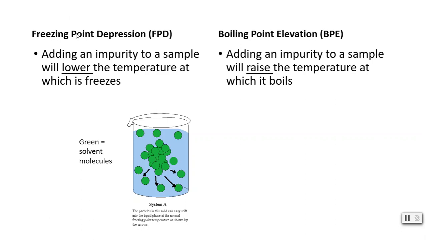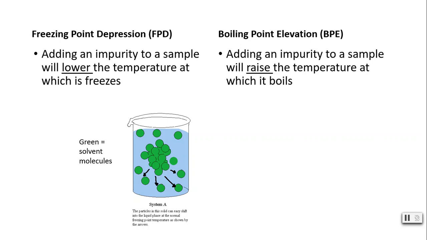You actually investigated or read about freezing point depression a little bit in the freezing point lab earlier in the course. If you go back and look at that lab, you'll see that you were given data on pure acetic acid, and then you were given data on acetic acid with an impurity, with benzoic acid.